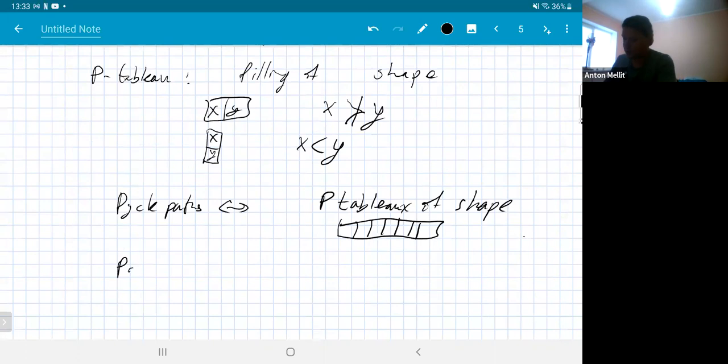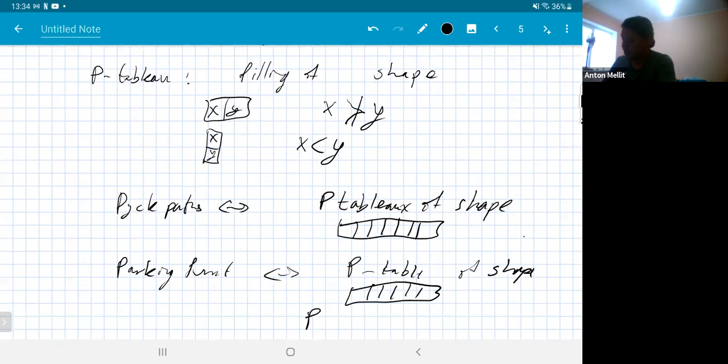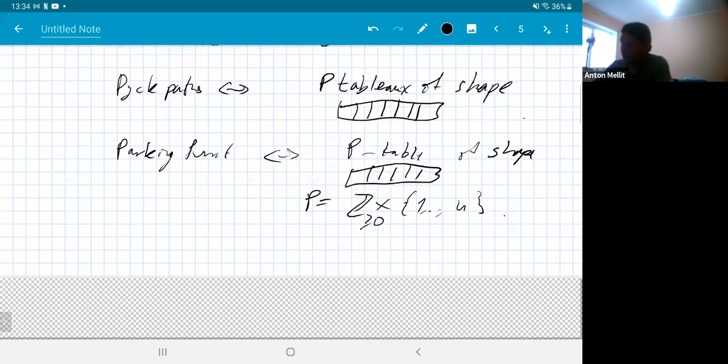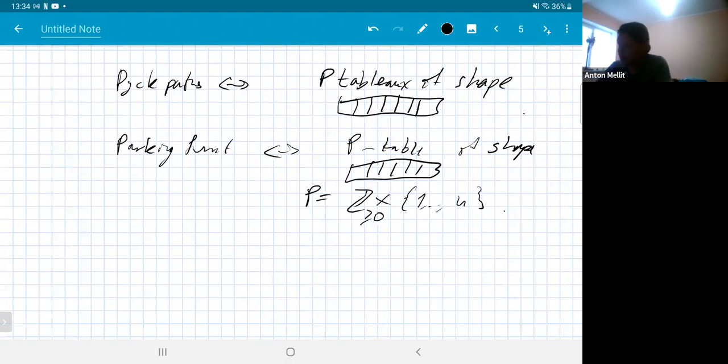And parking functions are also P-tableaux of the same shape, but where P is some set of pairs, some kind of Z times n, greater or equal to 0. And the relation uses the Dyck path poset relation, and to break ties you use the comparison of integers between 1 and n.